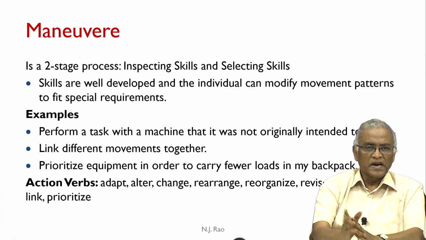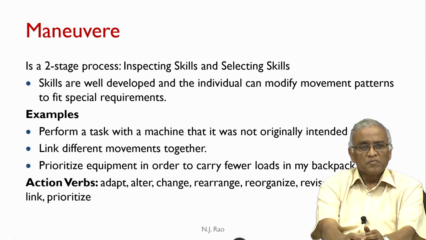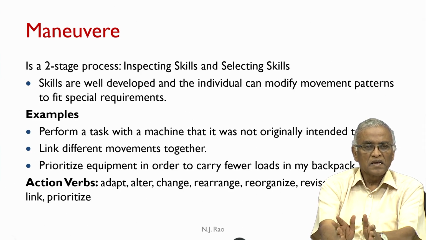He will first practice that, but then that may or may not suit everybody's physique. He keeps on attempting to make minor modifications until he feels comfortable and gets it right.